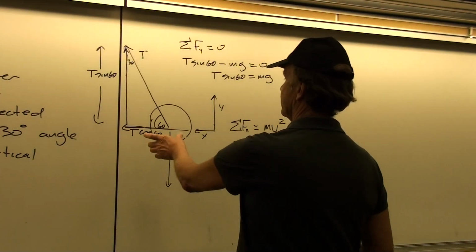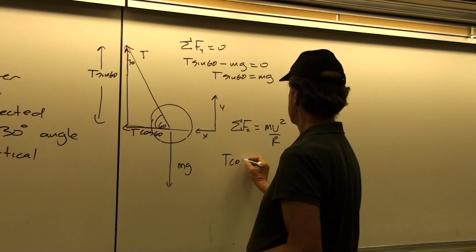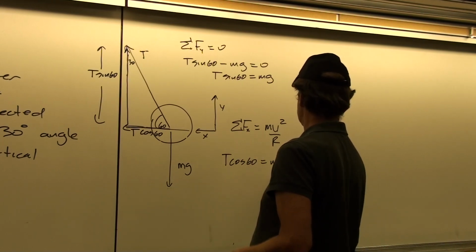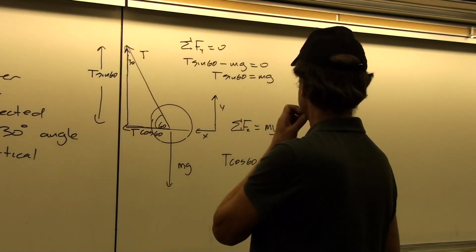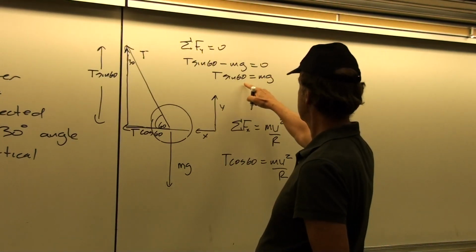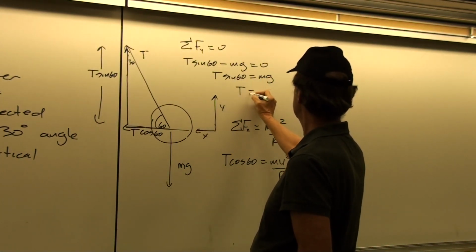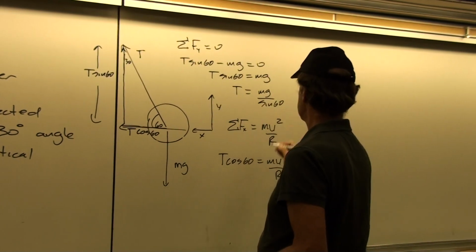Okay, and so there's one x force, and that's just the x component of the tension, equals mv squared over r. So we can take this value for the tension and plug it into that expression. The tension here is mg over sine 60.